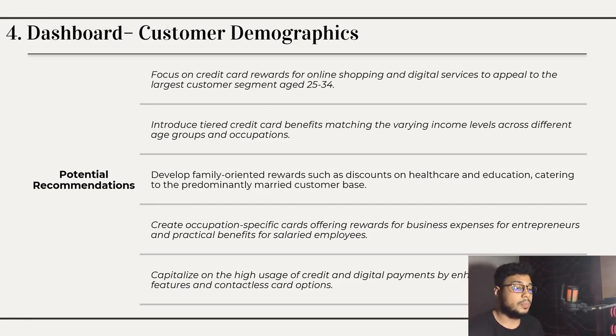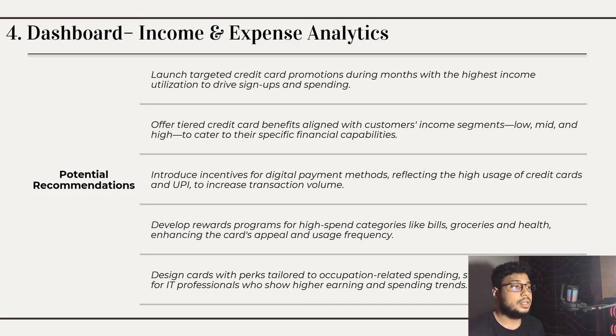After observing income and expense analytics, we also have some potential recommendations. We can launch targeted credit card promotions during months with the highest income utilization to drive signups and spending. We saw that September has the most income utilization. If we target the months that have a lower income utilization percentage, it will also raise the income utilization percentage for the other months.